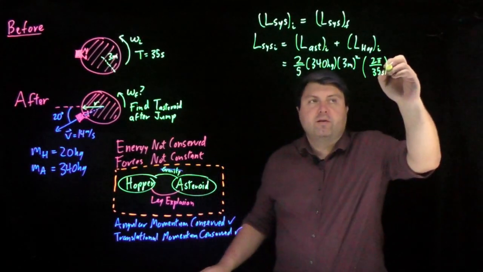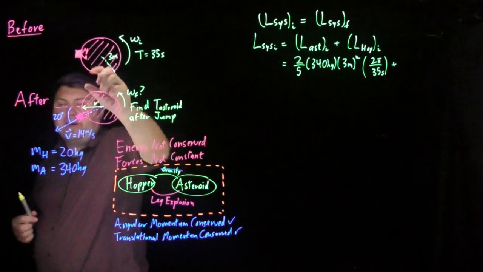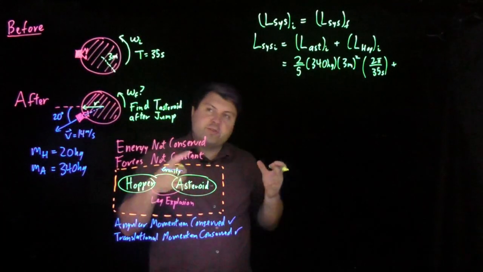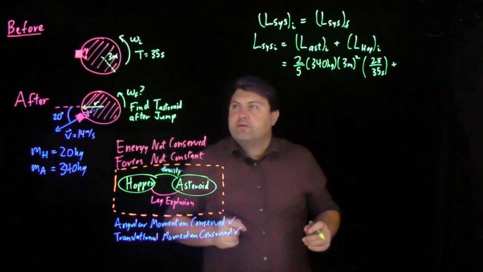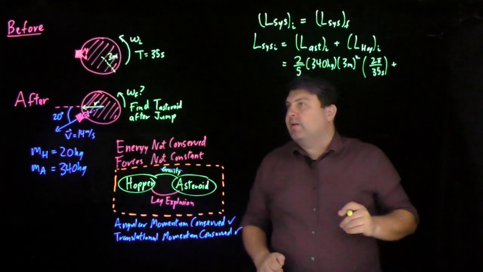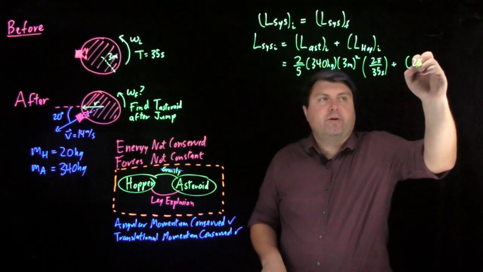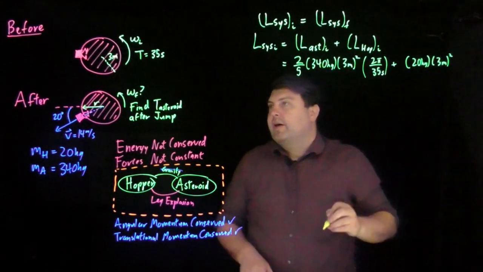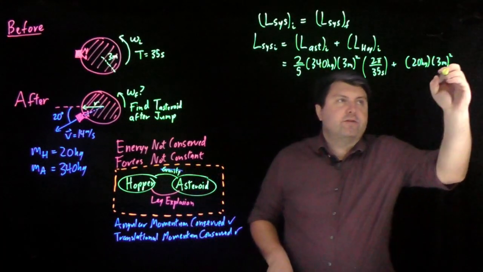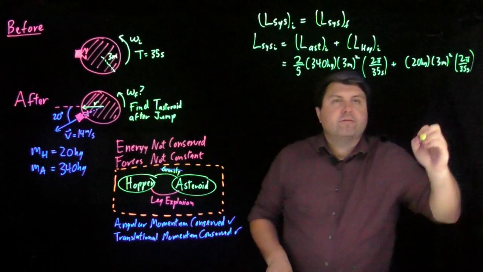Our hopper is very, very small and dense compared to our asteroid. It's made of steel, our asteroid's made of roughly dust. So we can treat it as a point particle without too much going wrong, which is then just I is m r squared, so our m is 20 kilograms, our r squared is 3 meters squared, and our omega is still this 2 pi over 35 seconds.